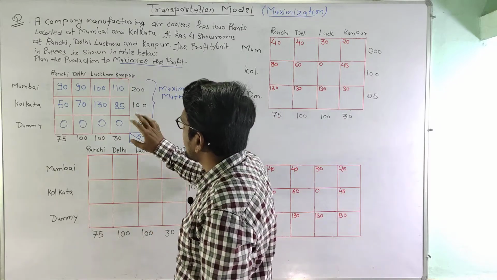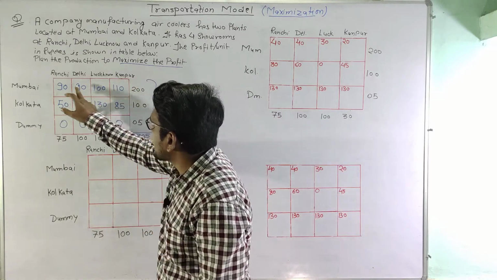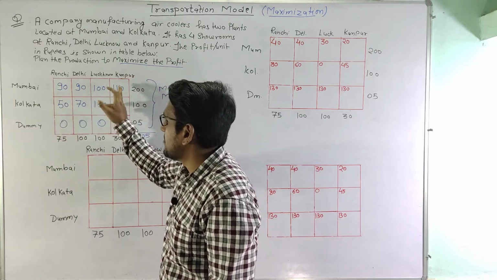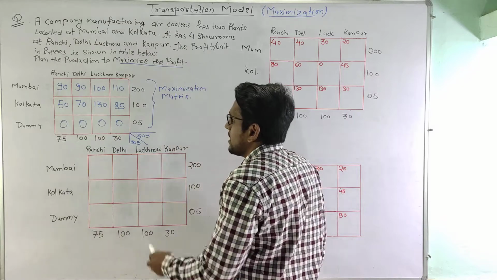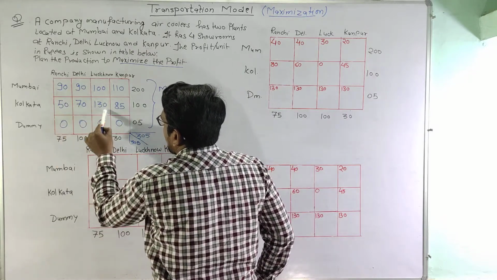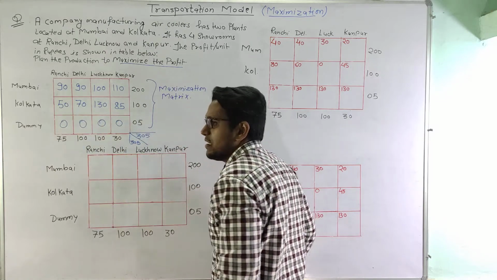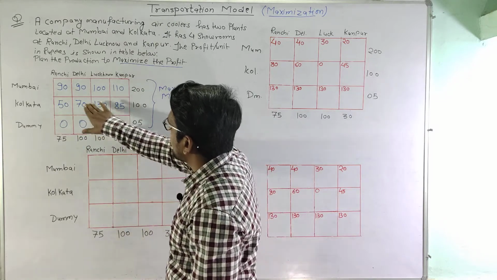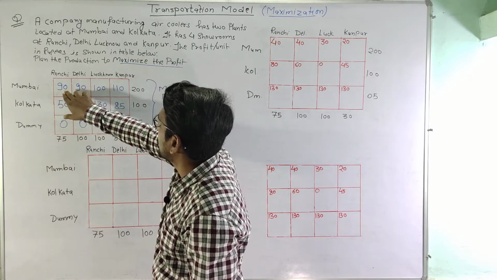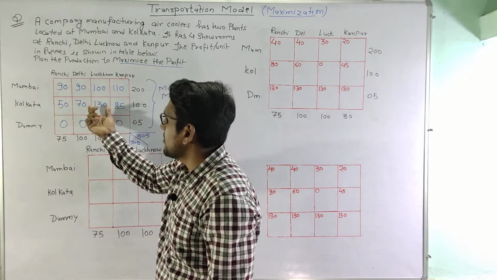We will select the maximum value in this transportation matrix. We can see that in this transportation profit matrix 130 is the maximum value, and we will subtract each value from this maximum value.